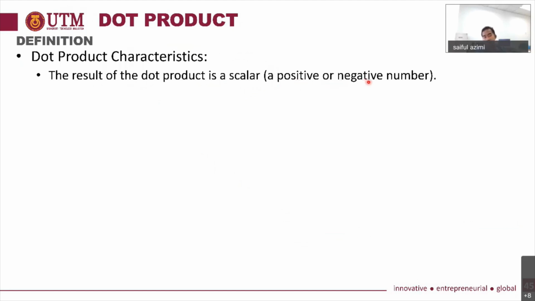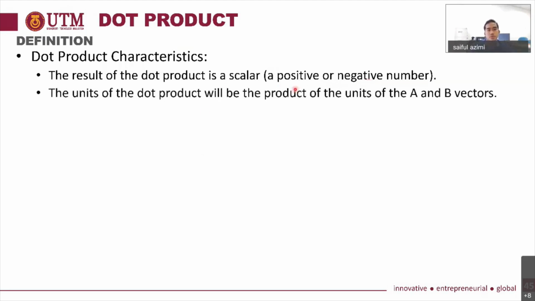So if your result after the dot product is like 5i plus 6j plus 8k, it means that your operation or your answer is wrong. Your dot product result must just be a number.